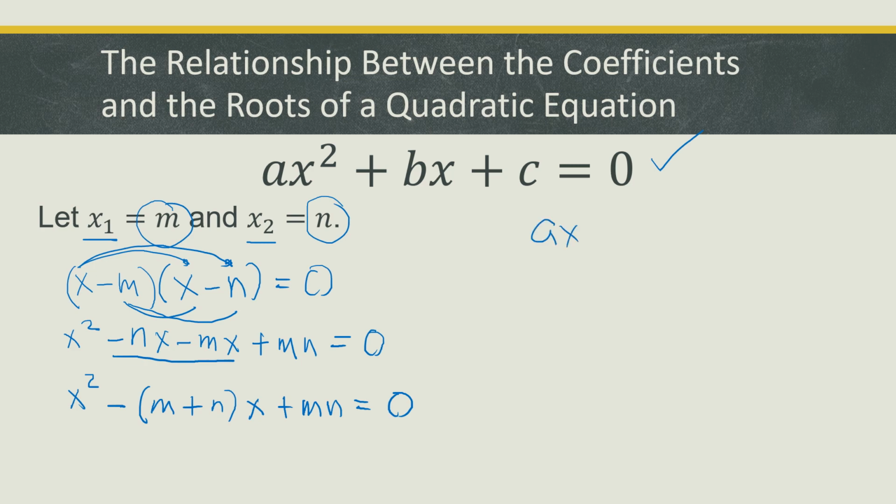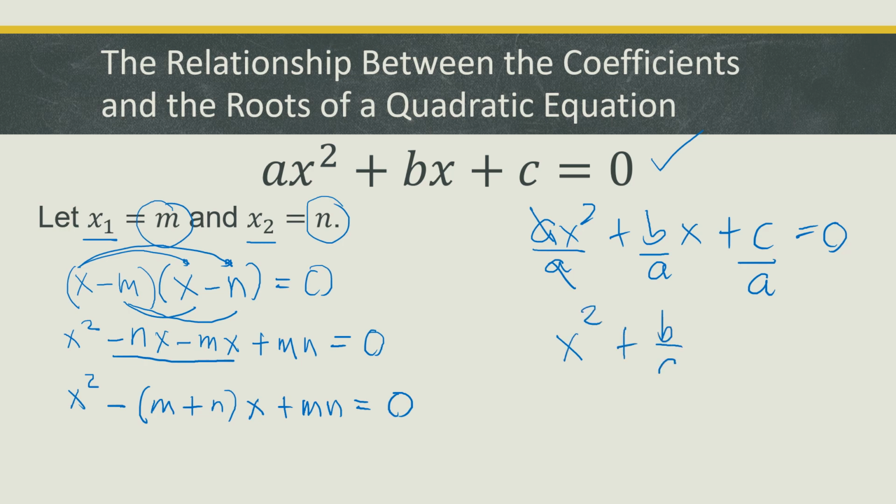So ax squared plus bx plus c is equal to 0. Divide all by a, then cancel. So there we have x squared plus b over a x plus c over a is equal to 0. And that shows the sum and product of the roots.